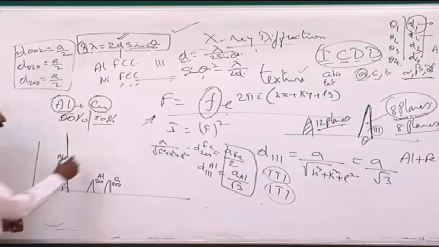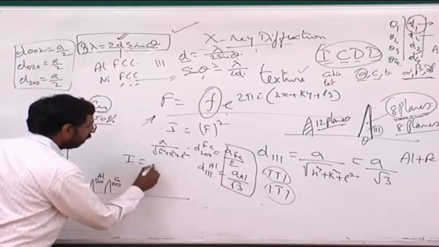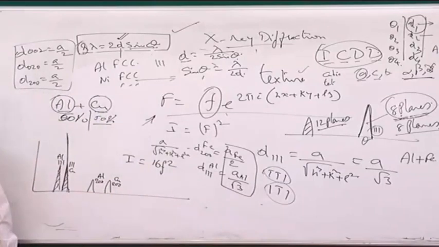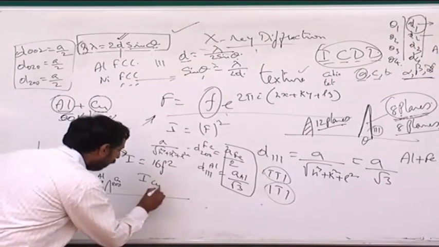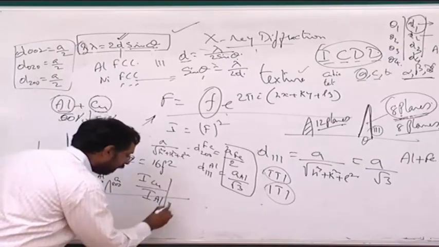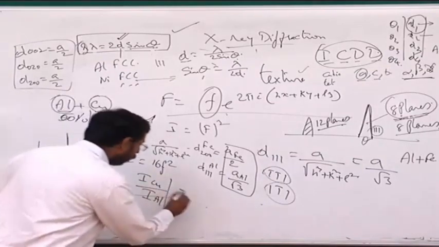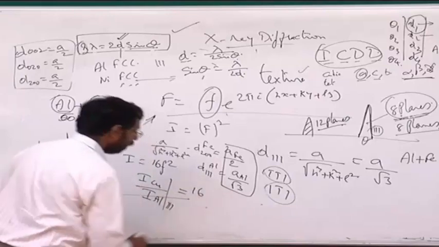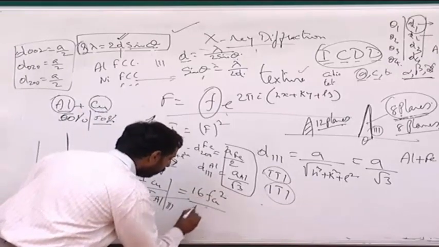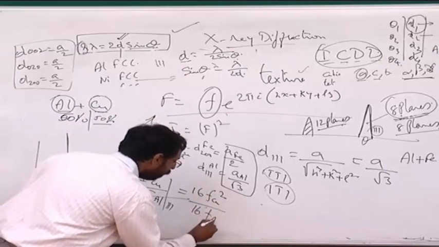Why? For FCC, I is 16F squared. So I of copper divided by I of aluminum, for the 111 peak, equals 16 F of copper squared divided by 16 F of aluminum squared.